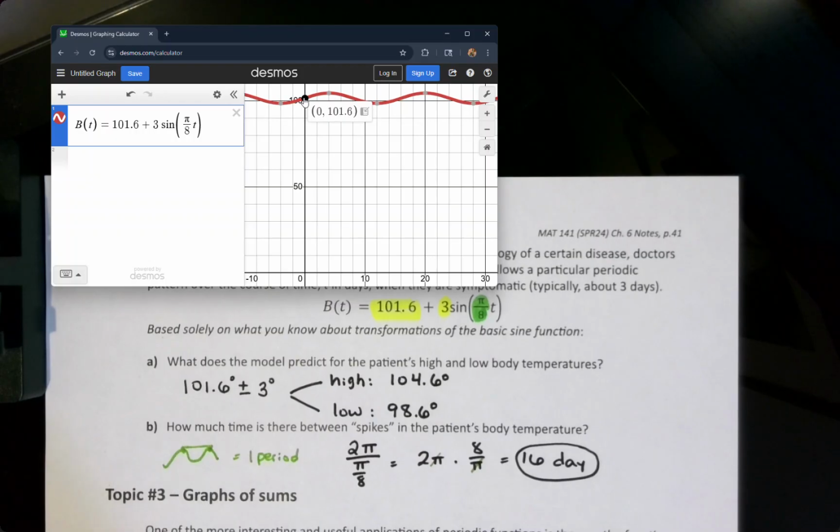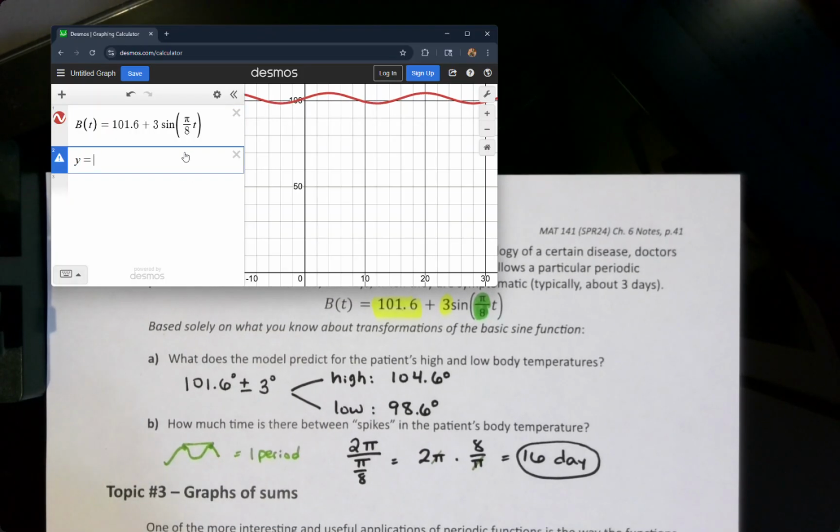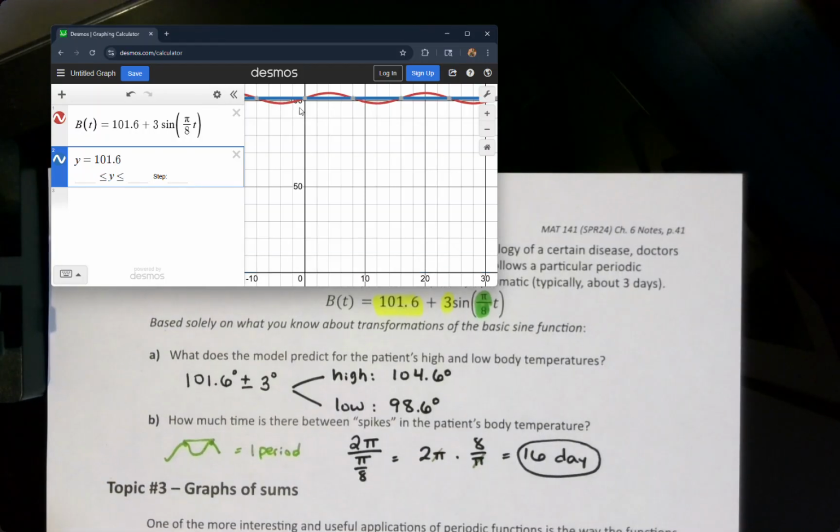Since this has a weird value of 101.6, I could graph, that is my vertical shift there, y equals 101.6, and I can see that when I'm on the way up towards that, it takes 16 days to be on the way up past it again. So the period is 16 days.